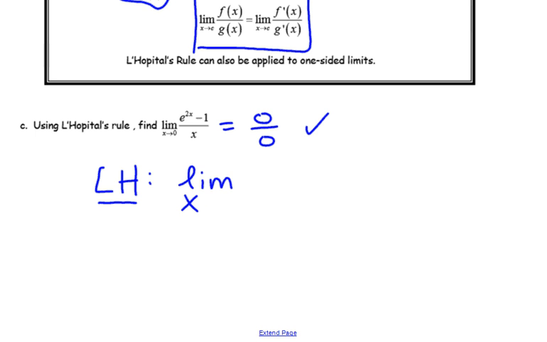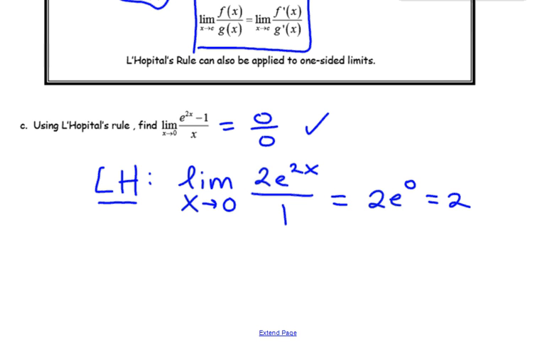I can keep that limit, and I can just take the derivative of the numerator and divide by the derivative of the denominator. That would give me 2e to the 2x minus 0 divided by 1. Now if I plug in 0 for x, then you get 2e to the 0, which is 2, which is what we found in the graphing calculator.